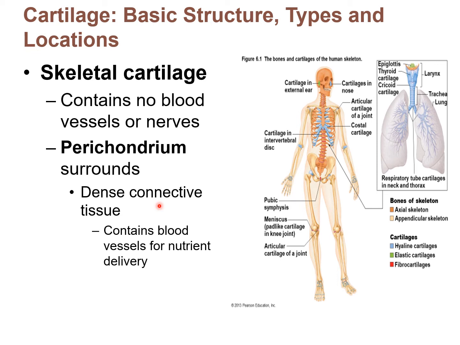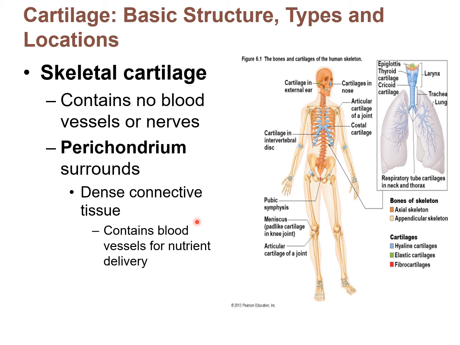The importance of having that perichondrium surrounding the cartilage is that the perichondrium contains lots of blood vessels, and cartilage is avascular. For cartilage to stay alive, it needs nutrition, and since it does not have its own blood vessels, the cartilage depends on the perichondrium.